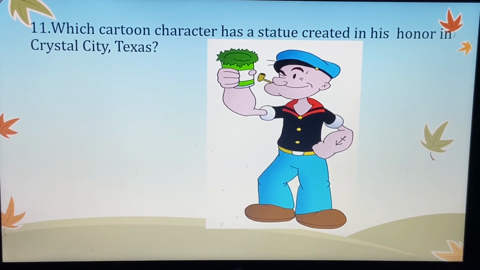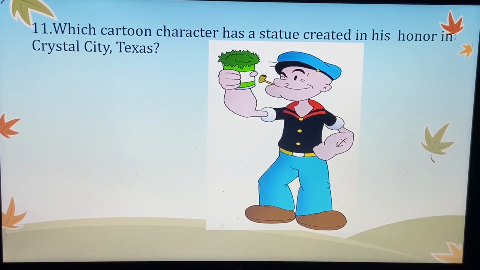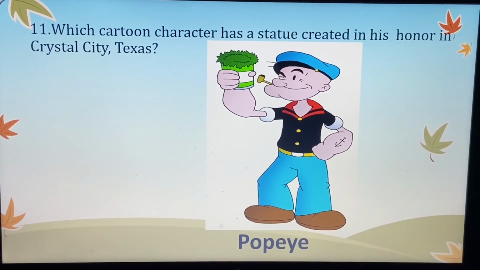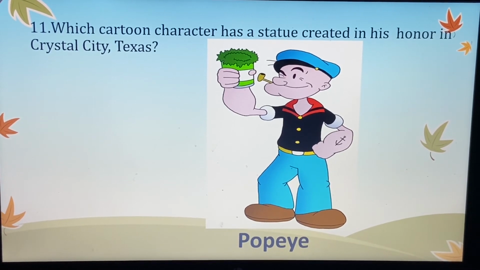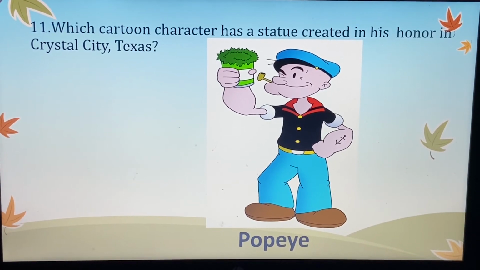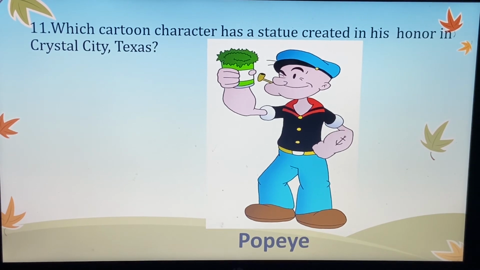I know everyone knows the name of this very nice cartoon. That's Popeye. Yes, that's correct. Popeye, the spinach man who loves to eat spinach, and he gets stronger and stronger when he eats spinach. So you should also eat green vegetables. Then only will you be very strong and intelligent.